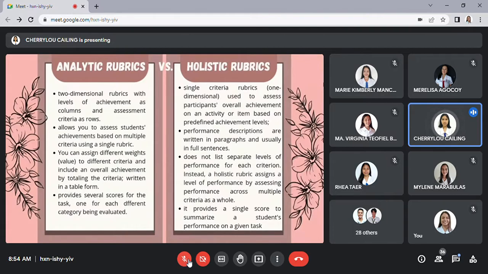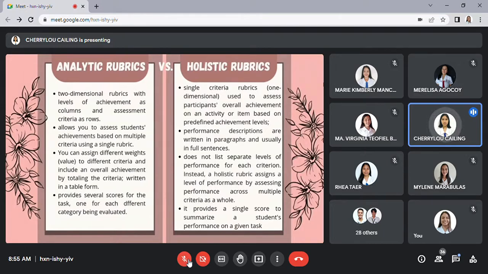The last comparison: analytic rubrics provide several scores for the task, one for each different category being evaluated, while holistic rubrics provide a single score to summarize a student's performance on a given task. So mao na ang kalahian sa analytic rubrics versus the holistic rubrics.